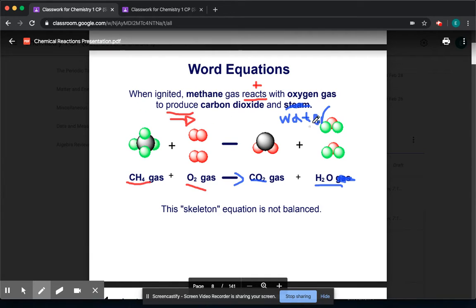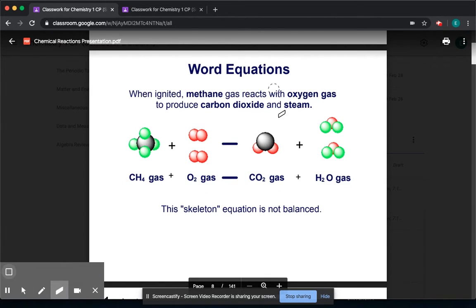The problem doesn't explicitly say that it is, so you could also leave that out as well. It says methane gas. That's how you know to put gas. Oxygen gas. If it doesn't say these things, you can't always note that. Because it said steam specifically, you know automatically it's in gas form. Writing these things isn't 100% necessary. If you want to be specific, you can be specific. But this is just telling you what form they're in when they're reacting.